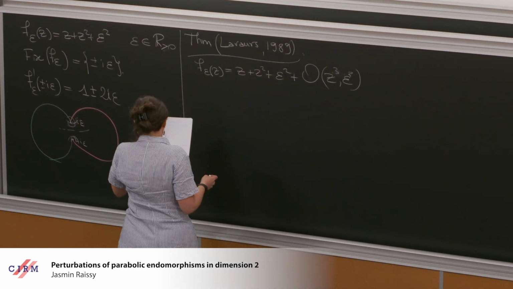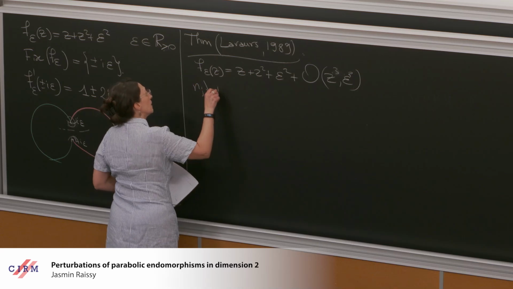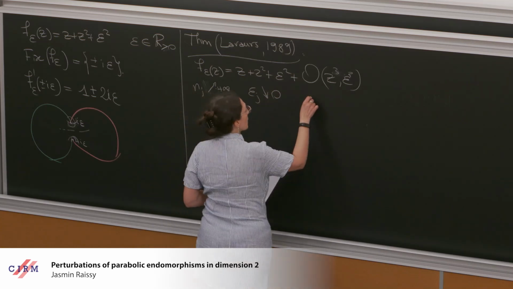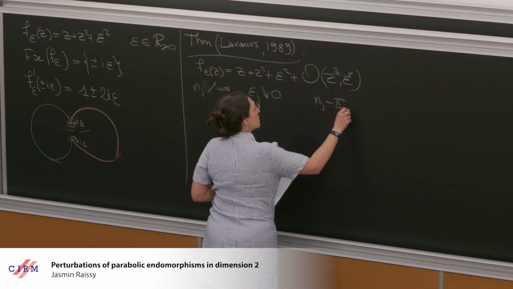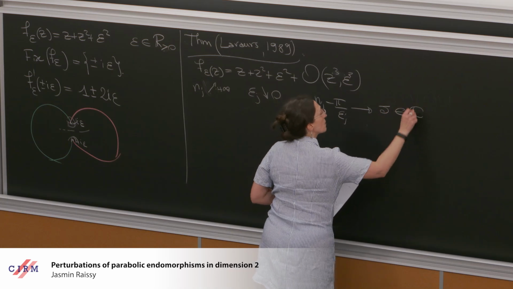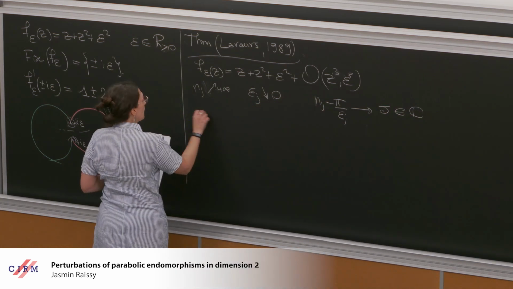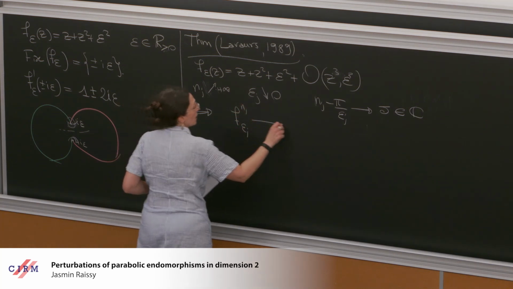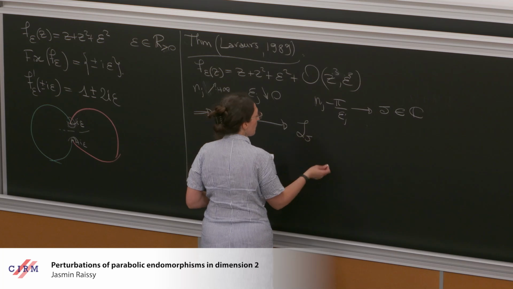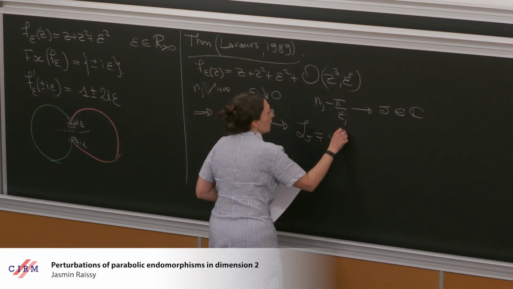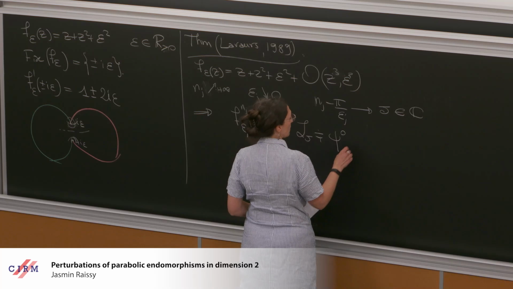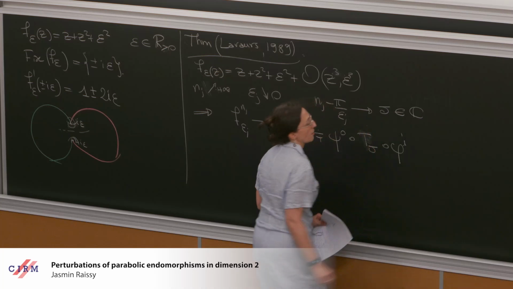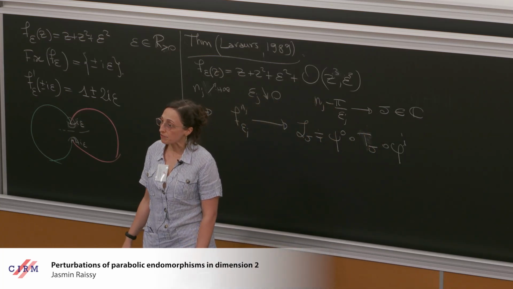If you take n_j going to infinity, epsilon_j tending to 0, such that n_j minus pi over epsilon_j is tending to sigma, which is a complex number, then you take f_epsilon_j, you iterate n_j times, and it will converge to the Lavaurs map of phase sigma, which is simply, I take that outgoing Fatou parametrization, I compose it with the translation by sigma, and I compose it with the incoming Fatou coordinate.